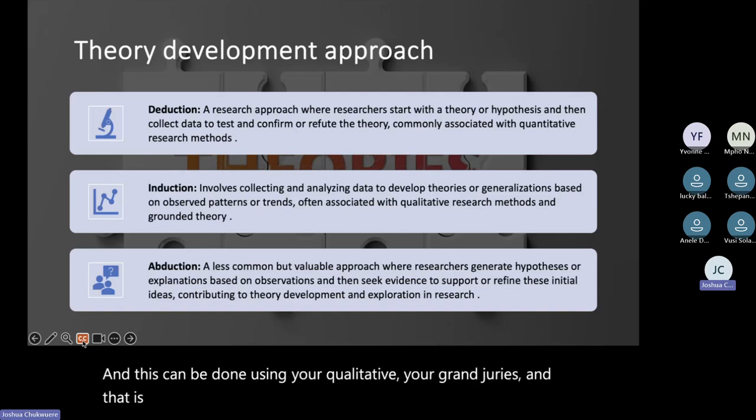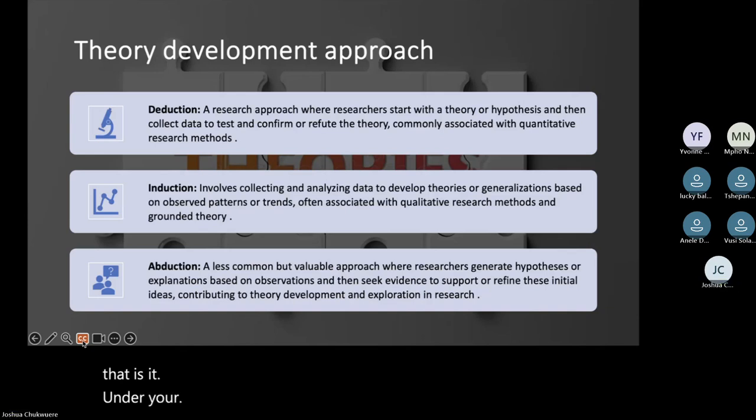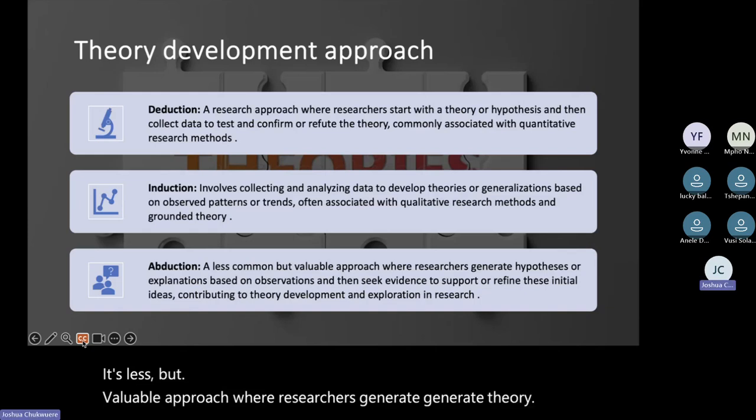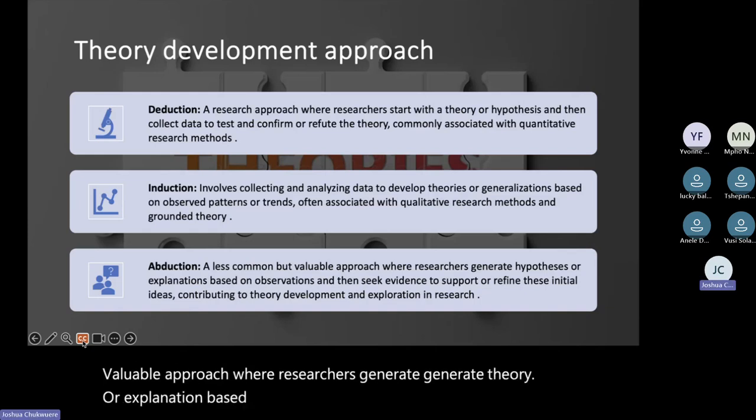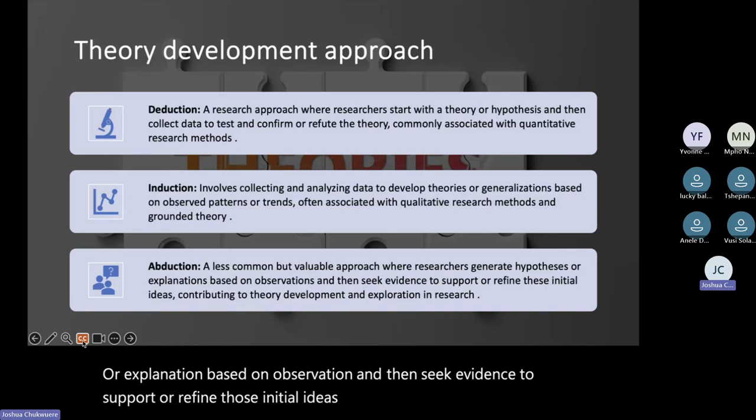Under your abductive research, it's a less common but valuable approach where researchers generate a theory or explanation based on observation and then seek evidence to support or refine those initial ideas, which contributes to theory development and exploration in research.